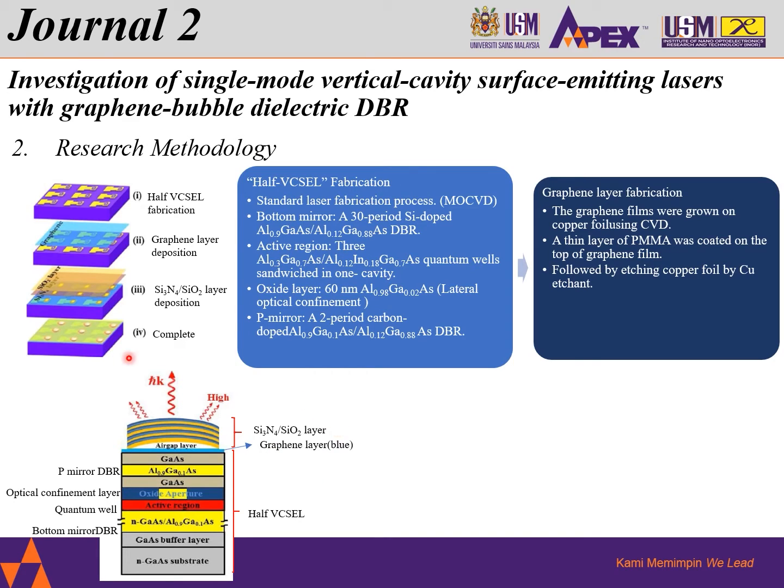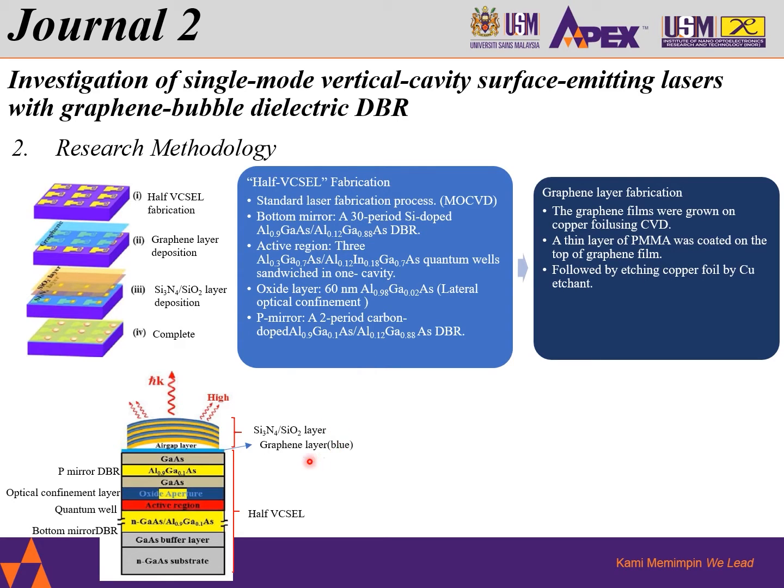We can see from the figure here that the half VCSEL consists of the bottom part here, which has the bottom mirror DBR, quantum wells, which are the active regions, the optical confinement layer, which is the oxide layer, and the P mirror DBR. This part is fabricated by using the standard laser fabrication process, MOCVD.